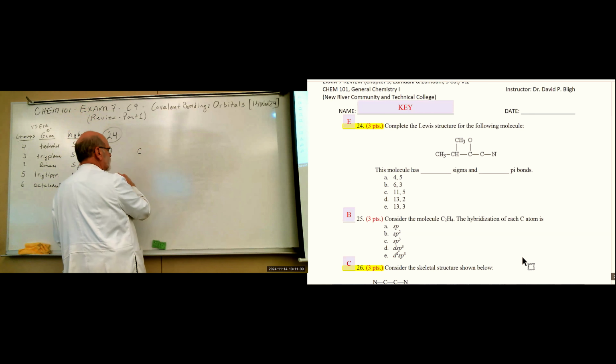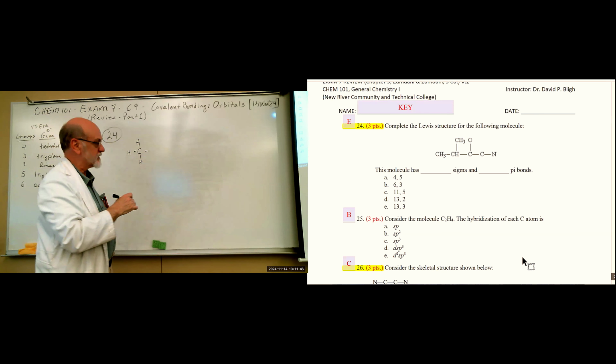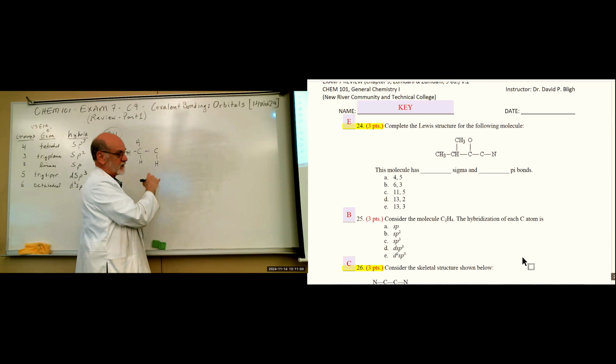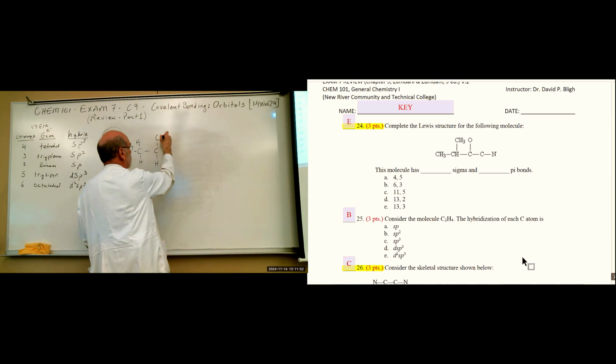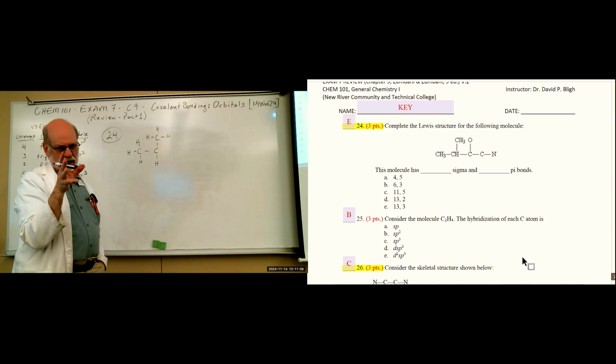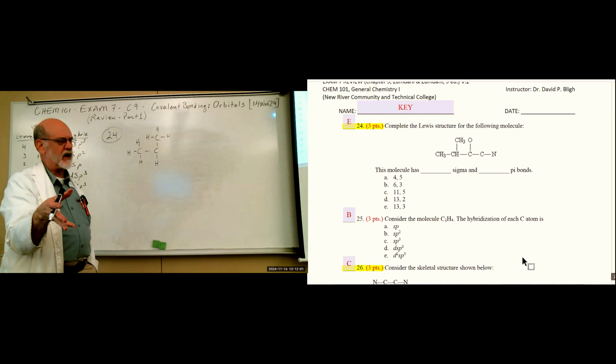This carbon, this CH3, has the hydrogens attached to that carbon. And that carbon is attached to the next carbon with that hydrogen separated. And this is called a methyl group. The hydrogens are like that. That's what you need to understand when you see a molecule drawn like that. This is an organic compound.